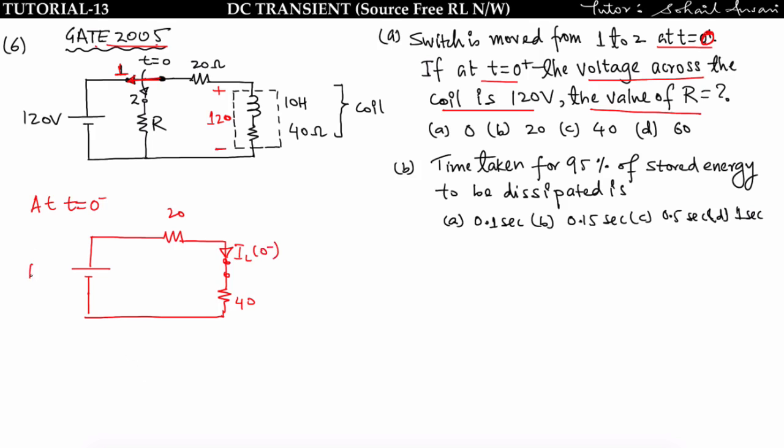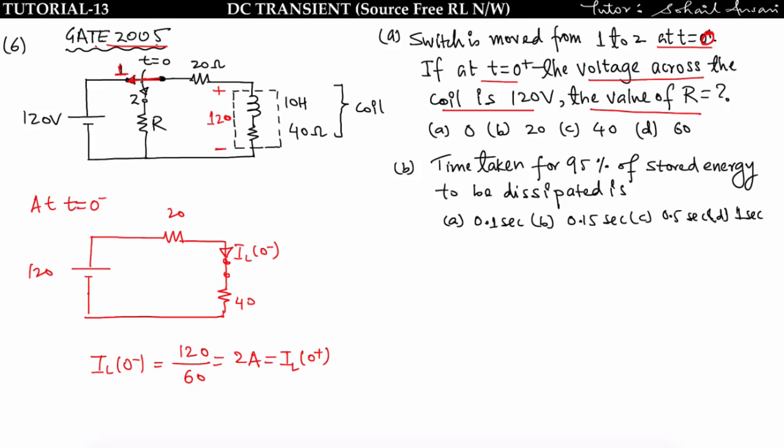IL of 0 minus is given by total voltage, 120 by 20 plus 40, that is equal to 2 ampere, and we know that an inductor won't allow a sudden change in current, so IL of 0 plus is equal to IL of 0 minus. Now make the circuit for t = 0 plus. At t = 0, what is happening?